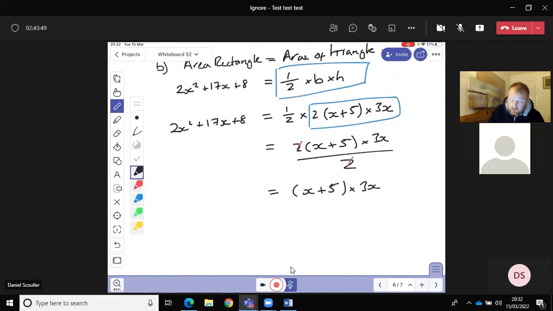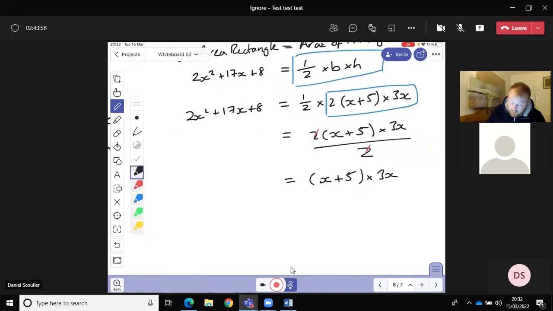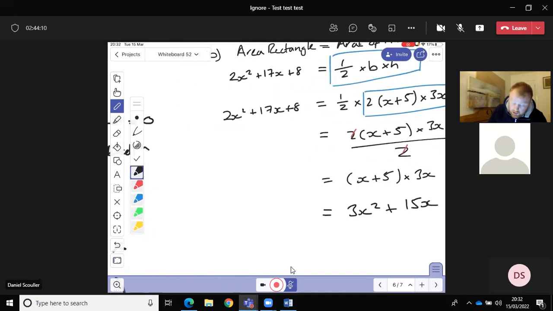It might be easier to break up that bracket and then multiply by 2x, so that would equal, not 6x, 3x squared plus 15x. The left hand side hasn't changed at all; at every stage there, the left hand side has stayed the same.